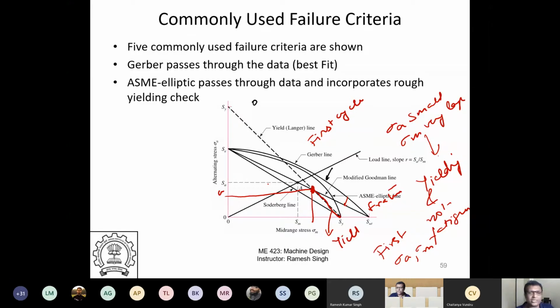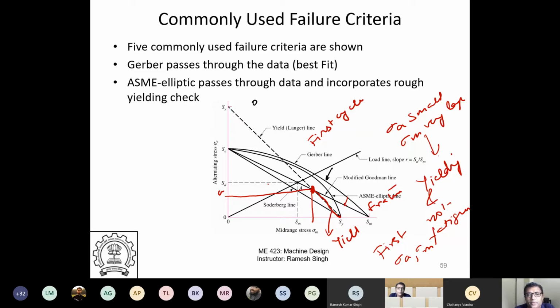Because today we'll do some real problems to identify what kind of factors of safety are there for fatigue life for a general fluctuating load. Not for what we discussed last time, which was fully reversible loading, but for a real fluctuating load, which you will experience in most engineering conditions. Any questions here?